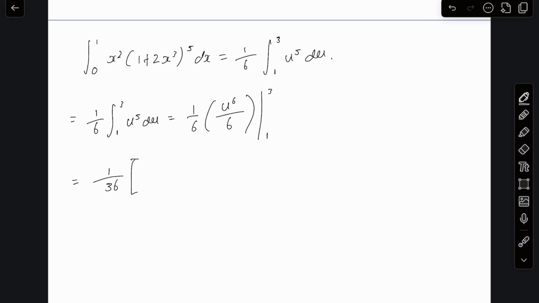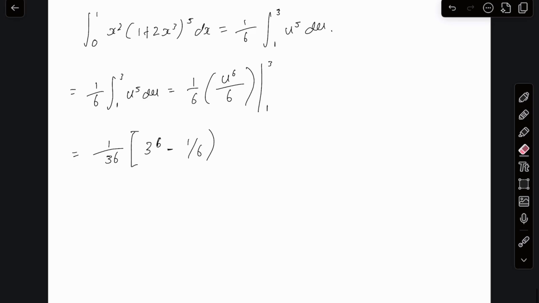Plug the 3 in, we get 3 to the 6 minus 1 to the 6, which gives us a final answer of 20.25. And that's going to be your final answer.